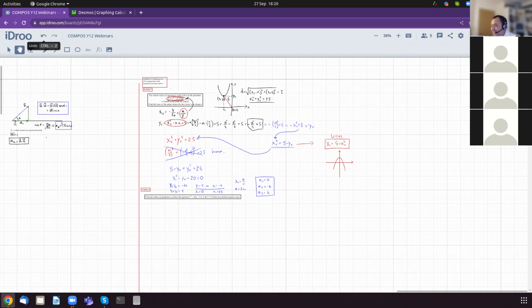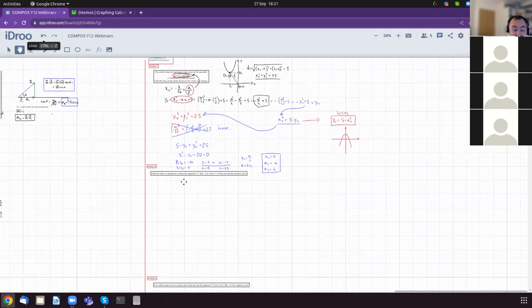It's the same for IB, for IB use one of those, I guess TI Inspire. Whenever you can use graphical methods, and even if you don't have a calculator, you can still use graphical methods, right?